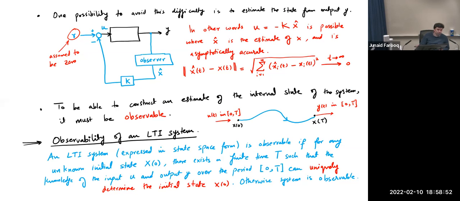Right? So you know the system dynamics, but you do not know the state. So can you actually go back and determine the state from knowing the input and the output? If that's the case, then the system is observable. Otherwise, the system is unobservable.